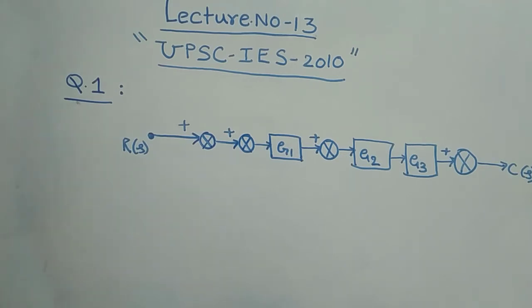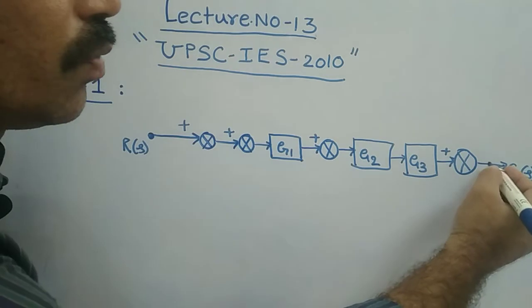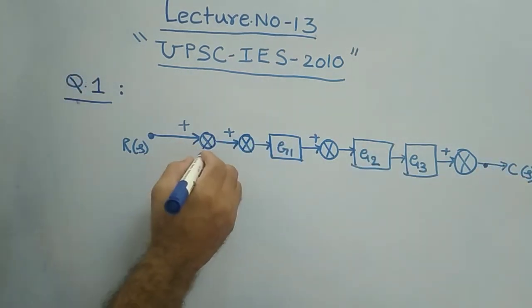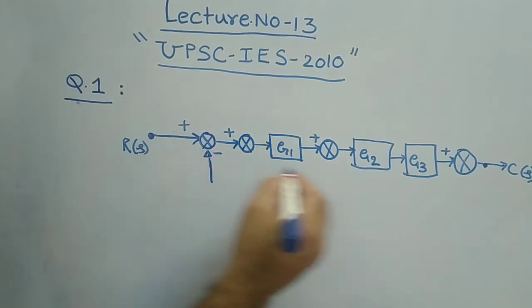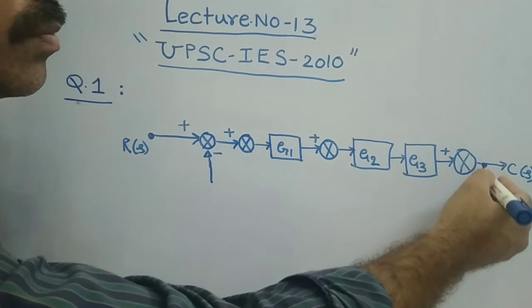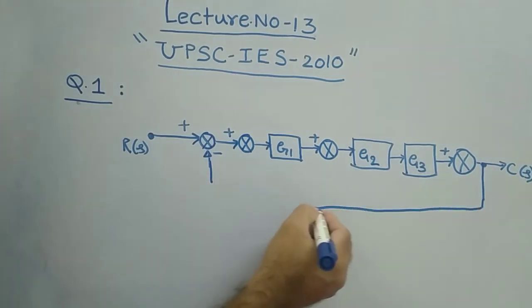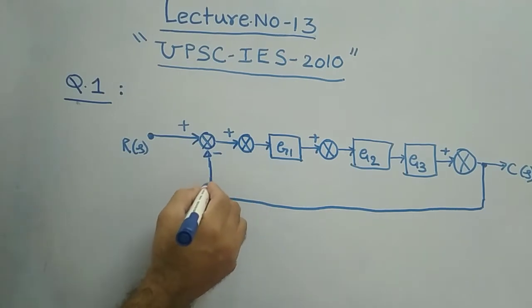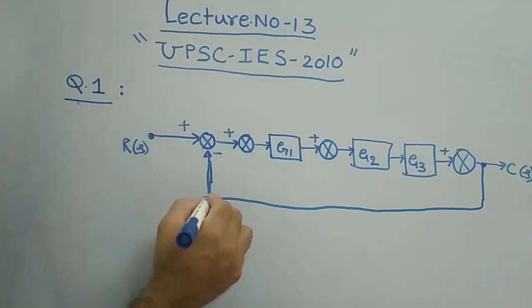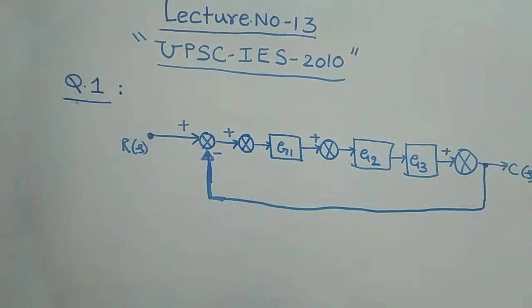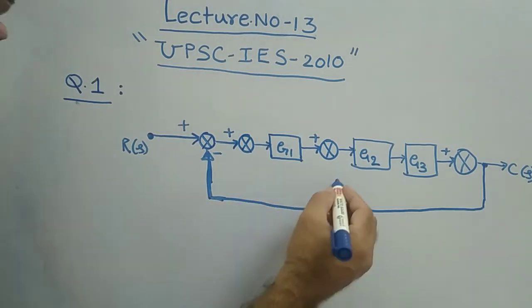After the summing point, you have one node. Basically from the first summer you have a negative feedback, and there is a unity feedback loop given. And before G2 there is a summer.